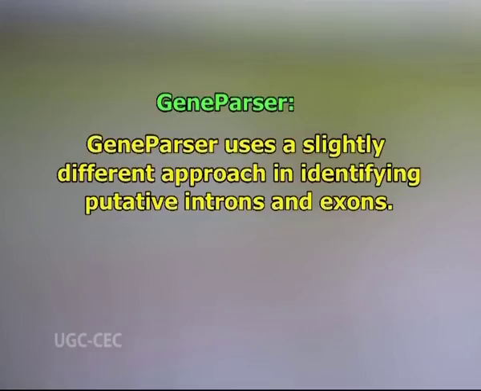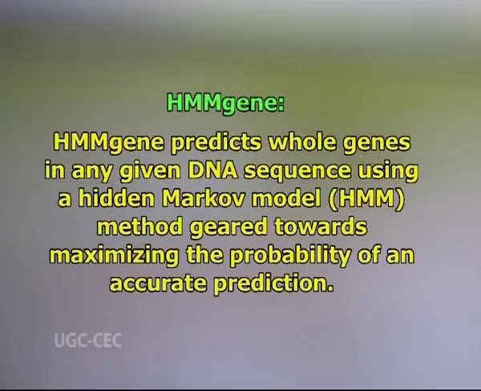Gene parser uses a slightly different approach in identifying putative introns and exons. HMM gene. HMM gene predicts whole genes in any given DNA sequence using a hidden Markov model, that is HMM method, geared toward maximizing the probability of an accurate prediction.